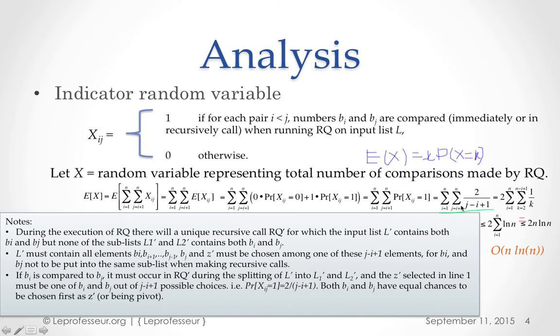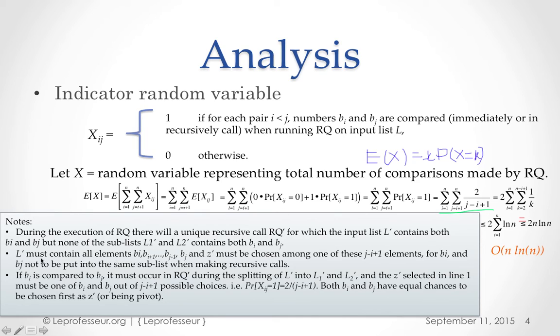Good. So that's how this probability P of the random variable taking a value 1 comes out to be 2 divided by j minus i plus 1, and then you just solve it. See how simple it was.